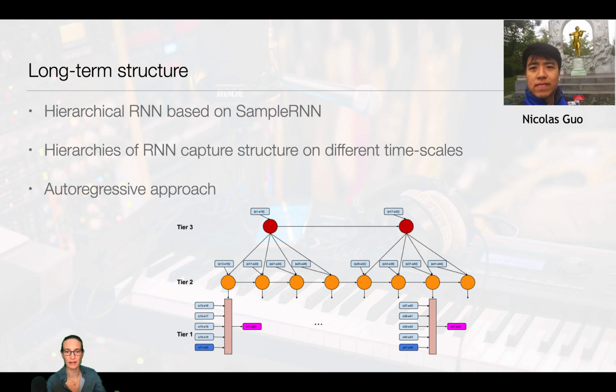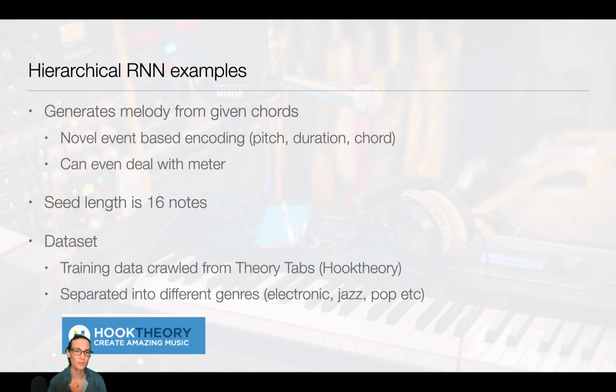So different layers, different tiers, look back further in time or not. It's an autoregressive approach, also with an event-based representation. And we use the data of hook theory or the theory tab database to train the network in different genres. For instance, here is an example of a piece generated that was trained on electronic music.